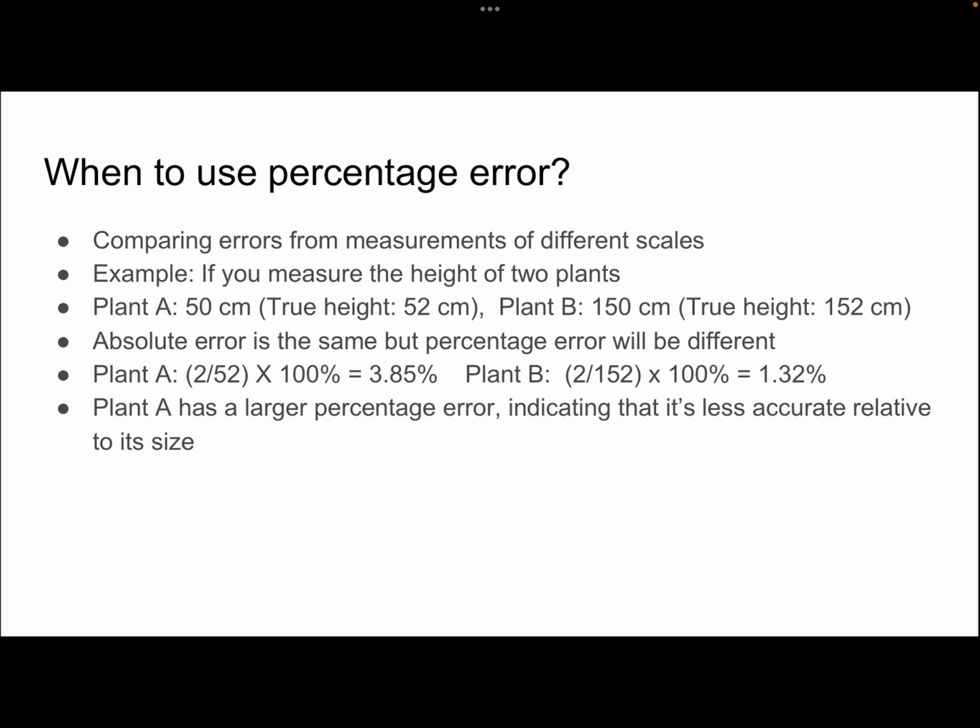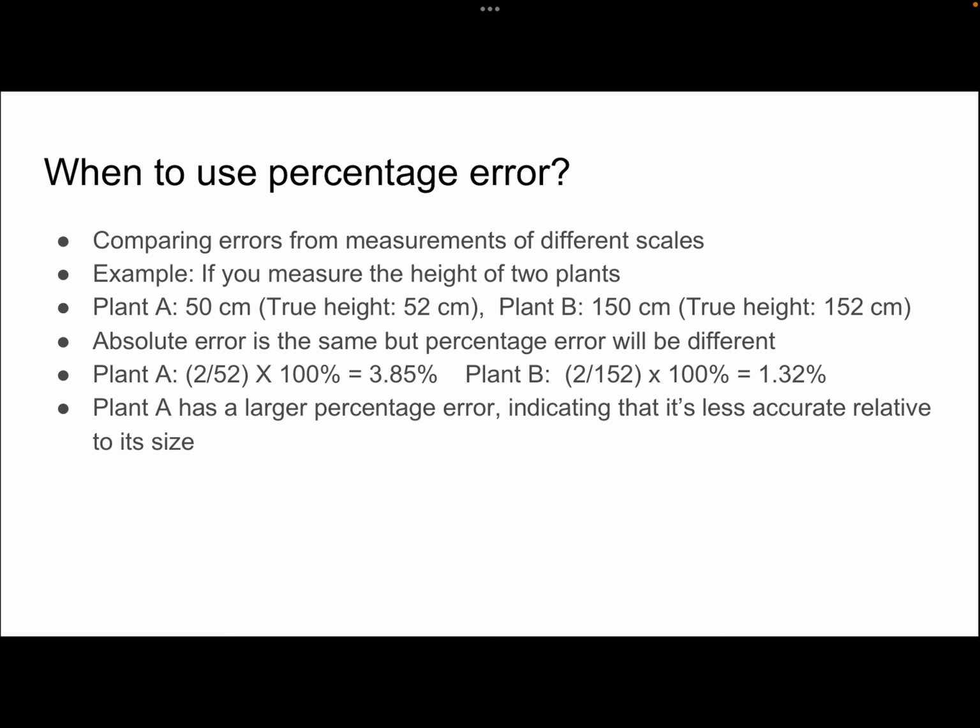One is obviously bigger, one is smaller. If you look at plant B, the measurements are higher. So even if the difference is the same, if I take 2 divided by a really large number, the percentage is certainly going to be smaller than taking the same difference divided by a smaller number.